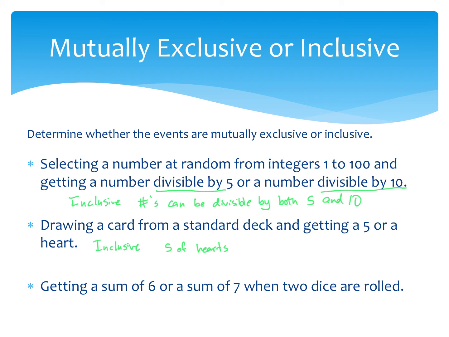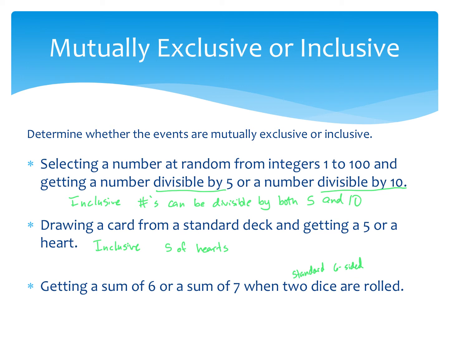Last one. Getting a sum of 6 or a sum of 7 when two dice are rolled. I'm going to add standard dice, standard 6-sided, as a clarification. So getting a sum of 6 or a sum of 7 when rolling two standard 6-sided dice, this would be mutually exclusive, because you can't roll the dice and have a number that adds up to both 6 and 7.